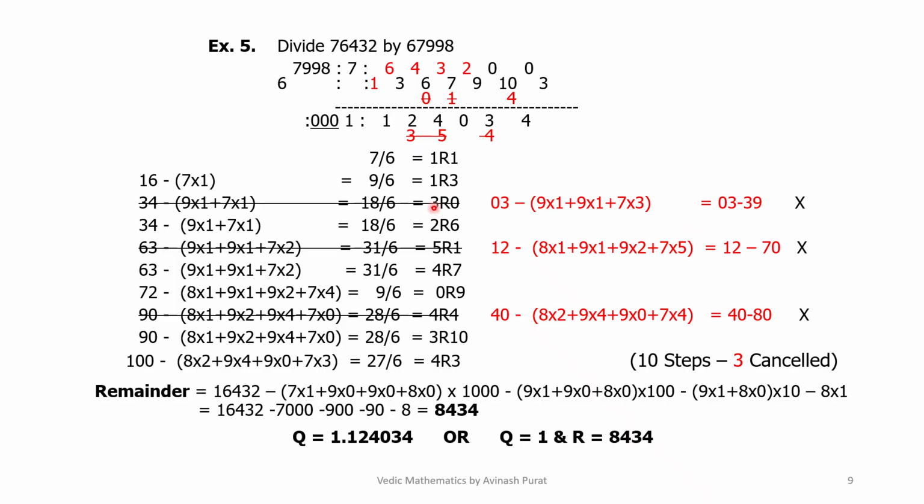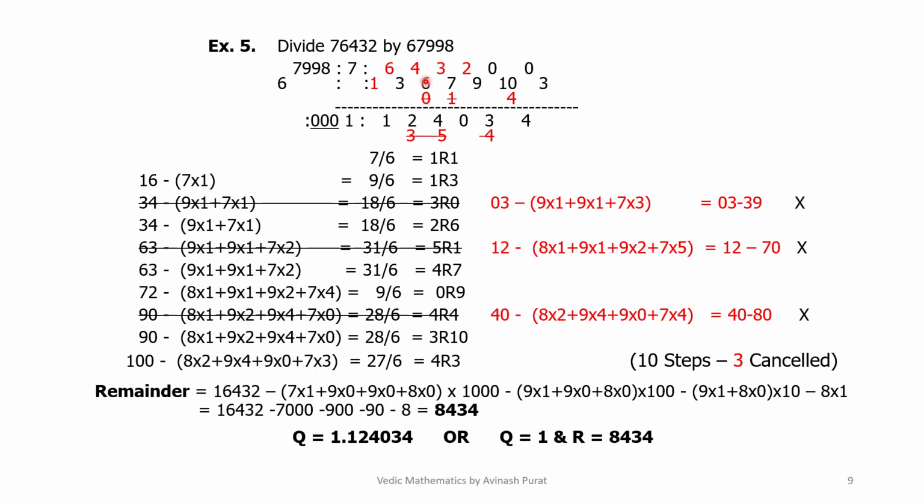Hence quotient 3 is not possible. We go back to the 34 dividend, minus 9 into 1 plus 7 into 1, that is 18 divided by 6 equal to 2. The quotient we take here is 2, then the remainder is 6.